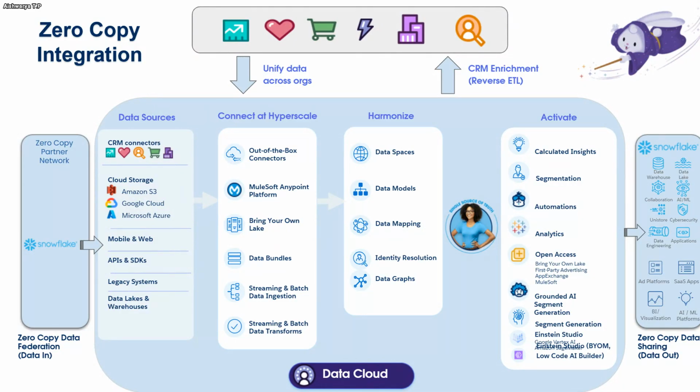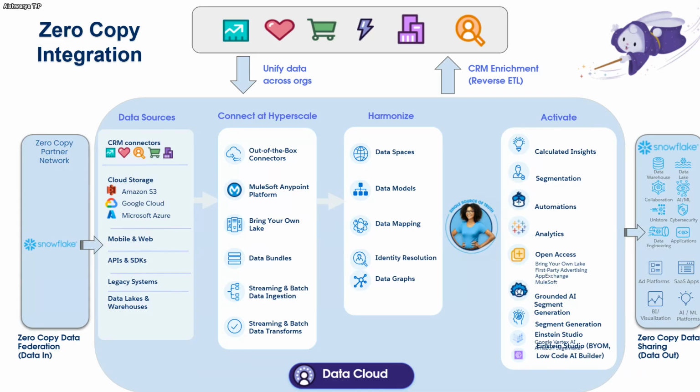So data federation means the way you ingest your data into Data Cloud. That is data in. That is data federation. Data sharing means data which you are going to take outside of Data Cloud, maybe activating your data on some external platform. That is data out. And in this zero copy integration, your data in will be from some zero copy compliant or aligned application like Snowflake.